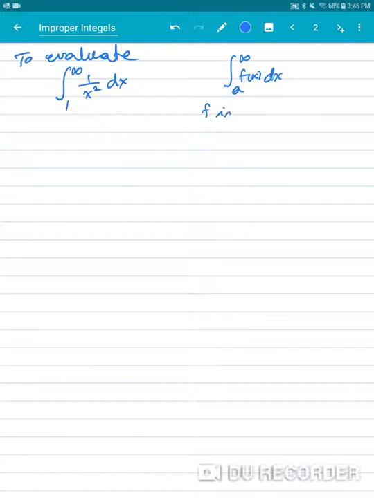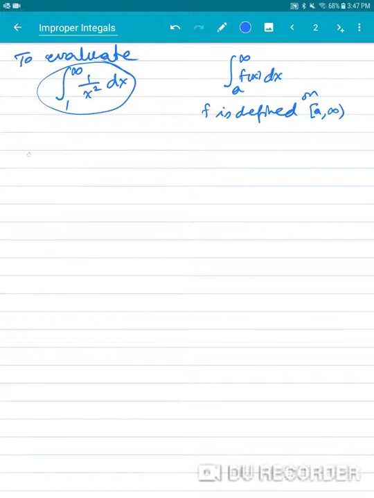To evaluate the integral from 1 to infinity of 1 over x squared dx. In other words, to evaluate the integral from a to infinity of a function f of x dx, when f of x is defined all the way from a to infinity. This is a good prototype: the function 1 over x squared is defined from 1 to infinity.